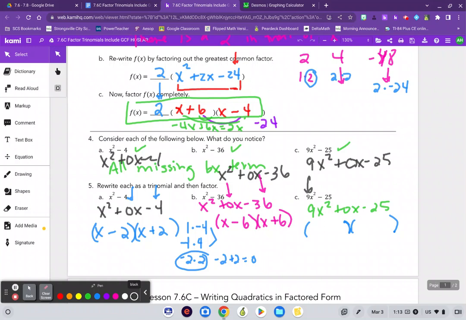I do need numbers, though, that multiply to 25 and are going to help me add to 0. So that feels kind of familiar. Feels like this might be a minus 5 and a plus 5, so I can get that 0. But that 9x squared, I have to be able to split that up. I mean, I could try 9x and x, so let's talk about that. If I do that, I've got to do my multiplication check, right? We can do our box method to check.